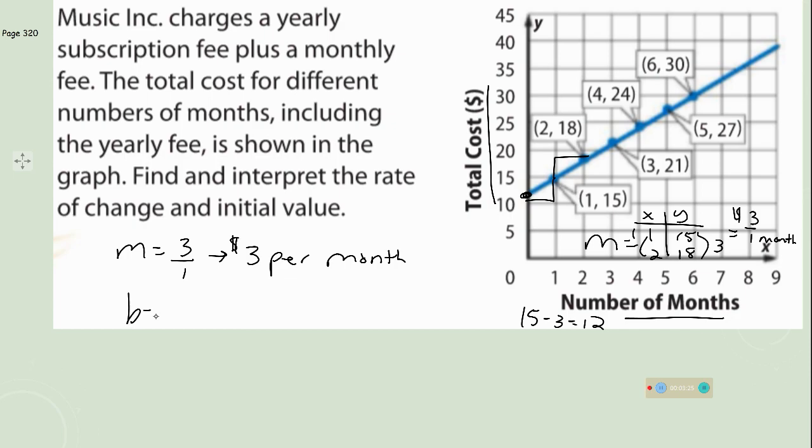So b equals 12. That means the cost is $12, and that is going to be the yearly fee. That's how much they charge you straight off. Okay, that's how you interpret the graph.